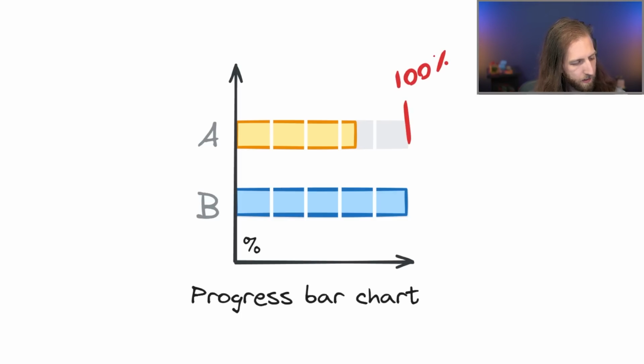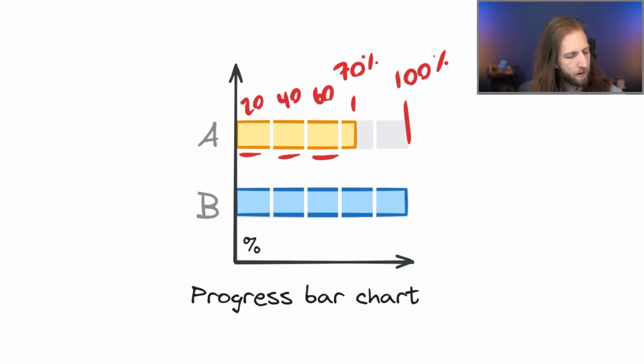And we can see very quickly that we've achieved about 70% of our target because we have 20, 40, 60 based off of these blocks that are visible in the visual. So this can be a really good way of understanding how much more of the target we have to go and how much we have achieved so far.